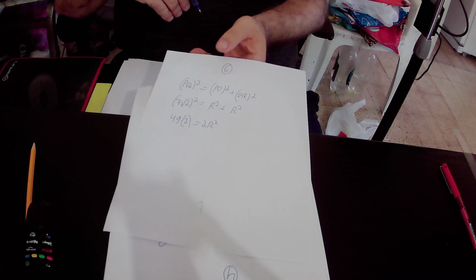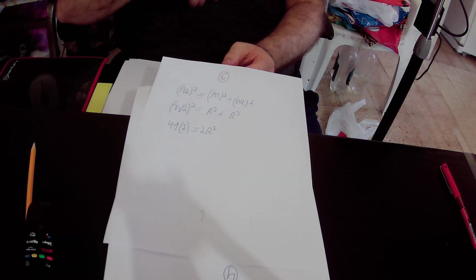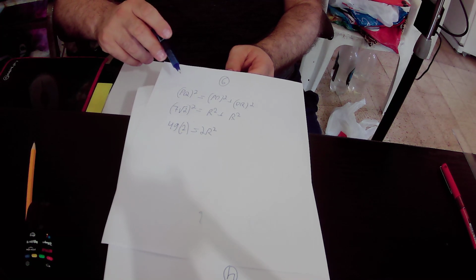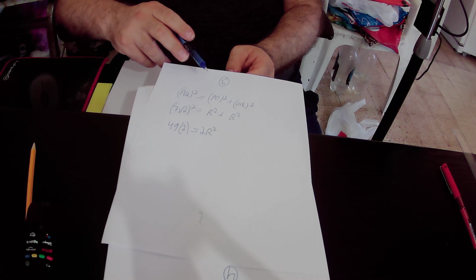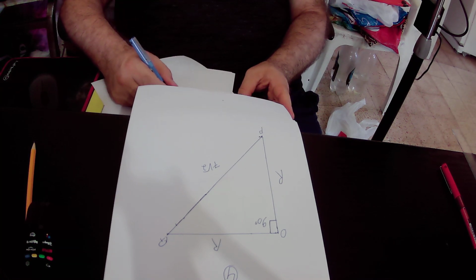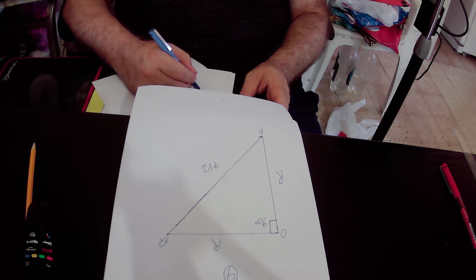Okay, so here we got 49 times 2 equals to 2 times R square. We can divide the equation by 2. We will get that 49 equals to R square.